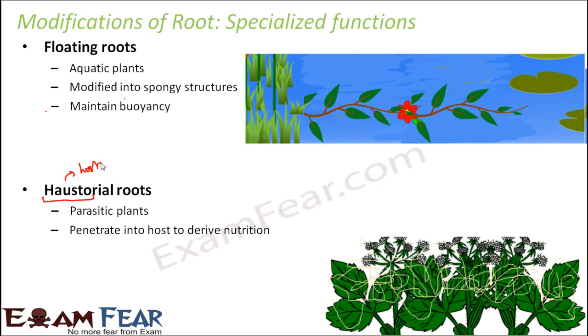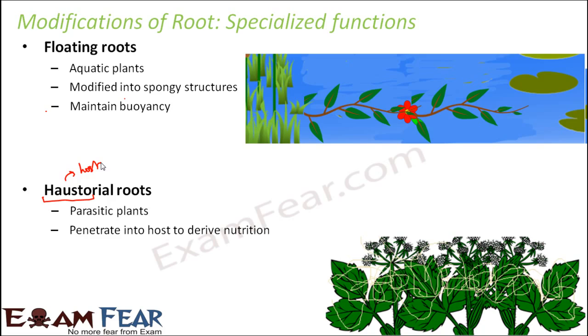Any worm enters inside our body and snatches away nutrition from our body. So that worm is a parasite and our body, or we human beings, are the host. So here there are specialized roots which enter inside another plant body and derive nutrition from that plant body. So such specialized roots are known as haustorial roots.